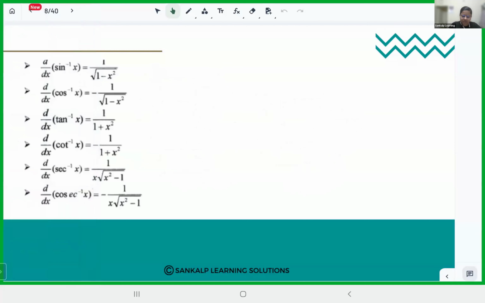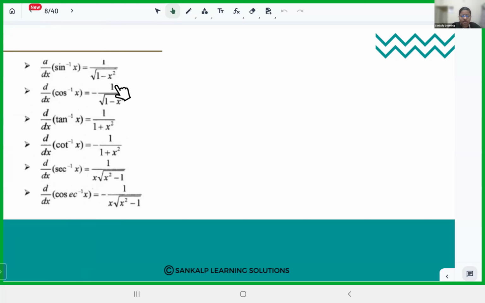Now, in this chapter, we'll study some more derivatives. That is, we have studied inverse trigonometric functions, so we'll study the derivatives of those functions also in this chapter. So, these are given here. Okay. So, derivative of sine inverse x is 1 by root of 1 minus x square. And what about the derivative of cos inverse x? It is 1 by root of 1 minus x square, but it has a minus. Okay.